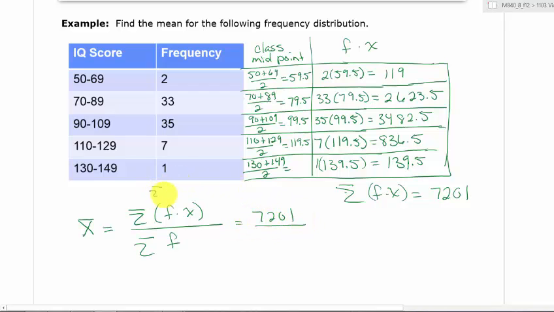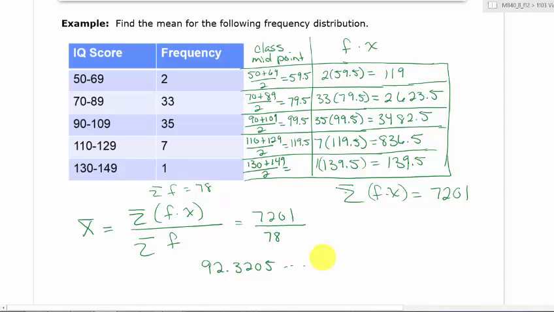And then we want to find the sum of all of our frequencies. So add up this column. And so 2 and 33 is 35. 35 and 35 is 70. And then 8 more is 78. And so we get 92.3205, and it keeps on going on your calculator.